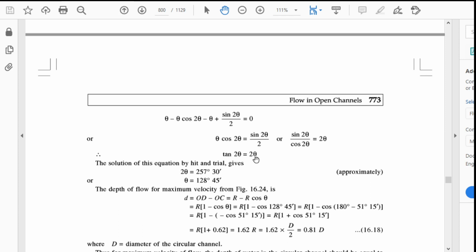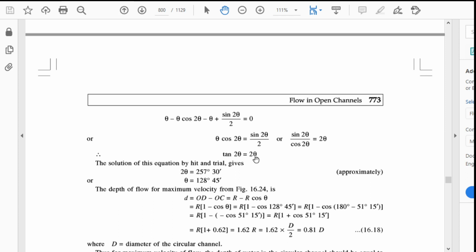Now here we have to do the trial and error method to find out the value of 2 theta or theta. That means tan 2 theta should be equal, or approximately equal, to 2 theta. So here the trial and error method was used and they found that the 2 theta value is 257 degrees 30 minutes.